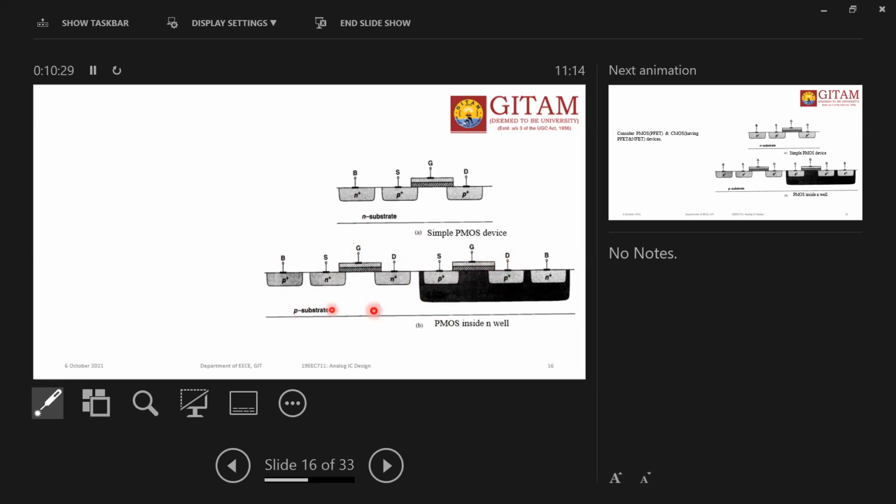For the substrate there is a body connection, and for this well one connection is also required. This is the well connection, the N-type connection. So substrates and wells must have connections.